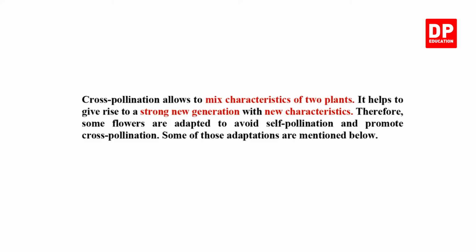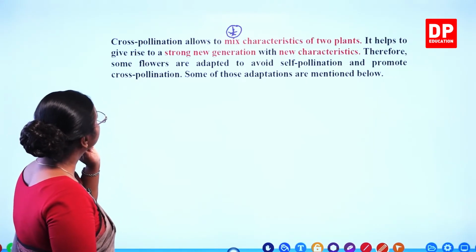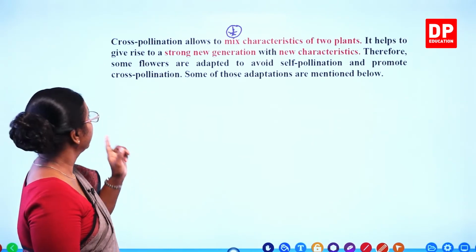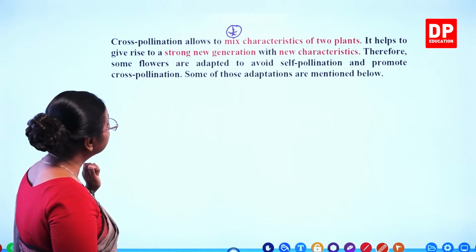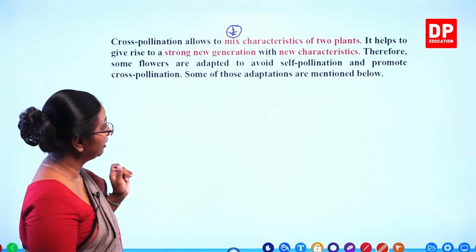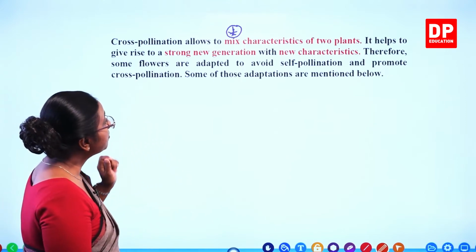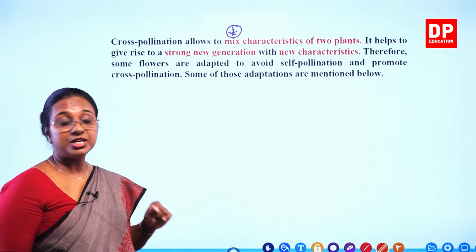Cross-pollination allows mixing the characteristics of two plants. This is what I told you all in the previous slide. So it helps to give rise to a strong new generation with new characteristics. Therefore, some flowers are adapted to avoid self-pollination and promote cross-pollination. Some of those adaptations are mentioned below.